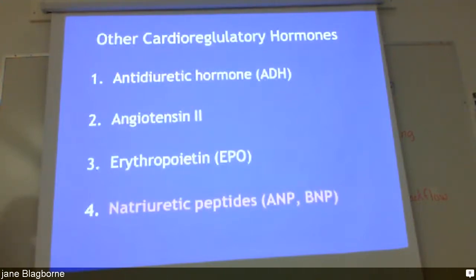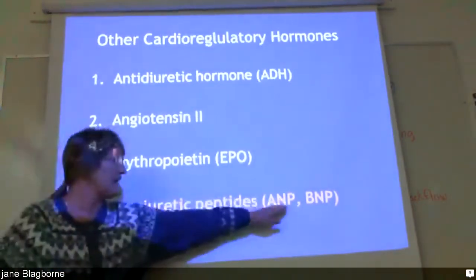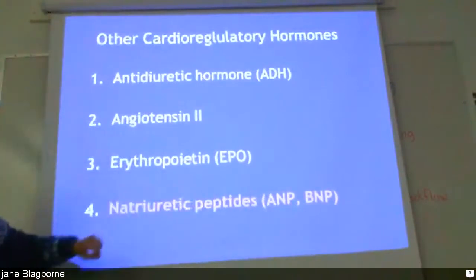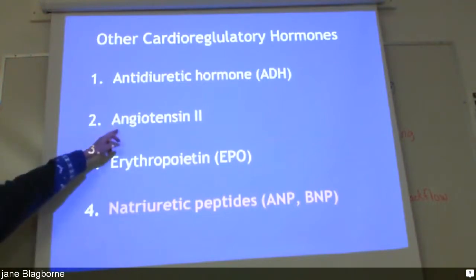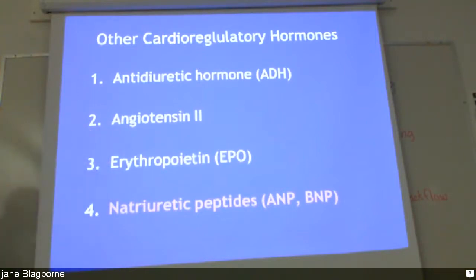So the regulatory hormones, this is the ANP that you've already written down, but these are the other three that affect the cardiovascular system. This one I know for sure, there are medications out for this, Angiotensin II. You probably know better than I do.